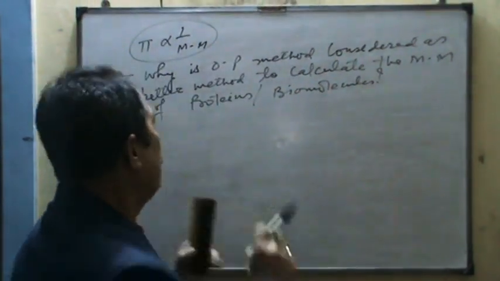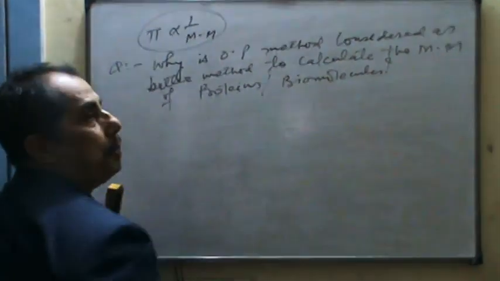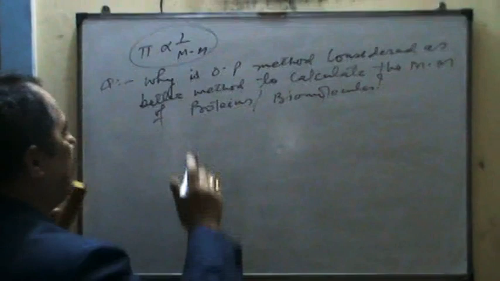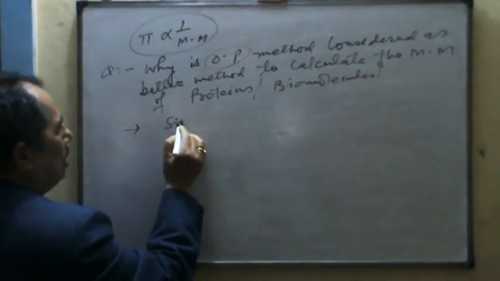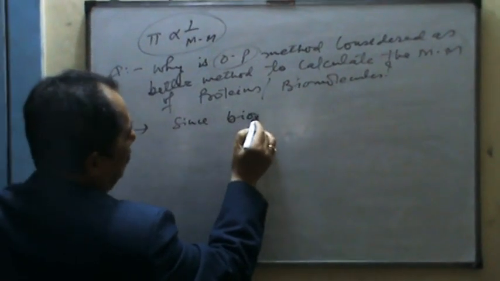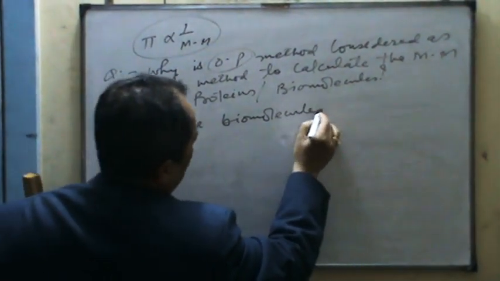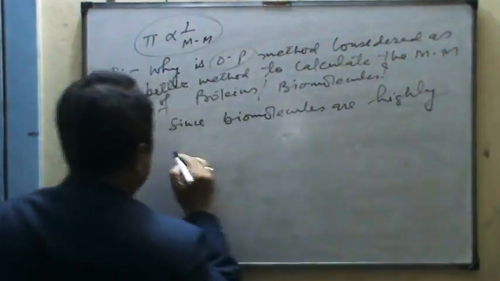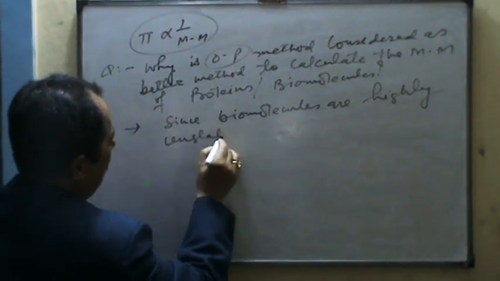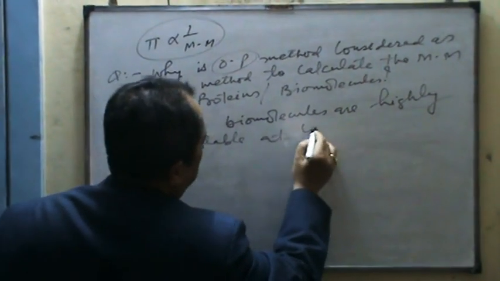As such, this biomolecule mass can be calculated by taking osmotic pressure, since biomolecules are highly unstable at cooking temperature.